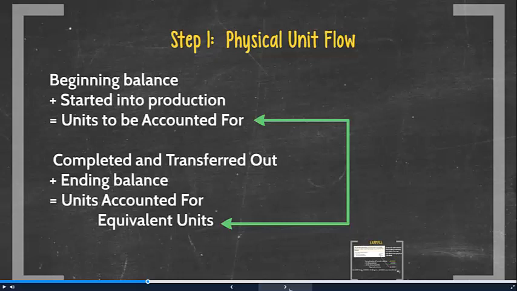Once we have that information, we can conclude how many units were completed and transferred out, what is in our ending balance, and then that will also equal how many units we need to account for. But this allows us to separate these units into completed and transferred out and what is left in our ending balance, which is necessary to compute equivalent units.